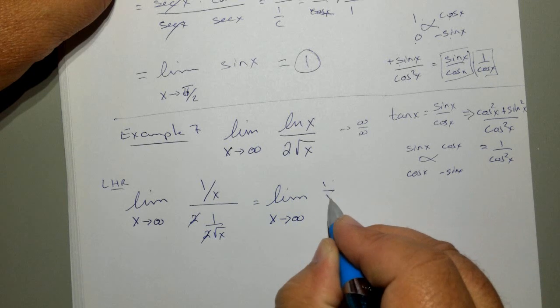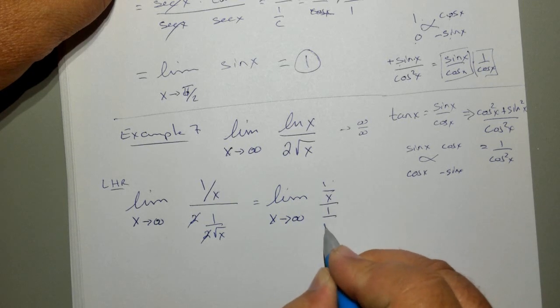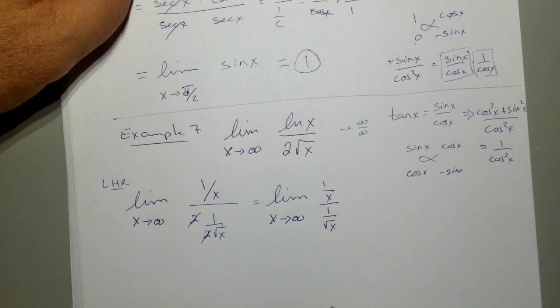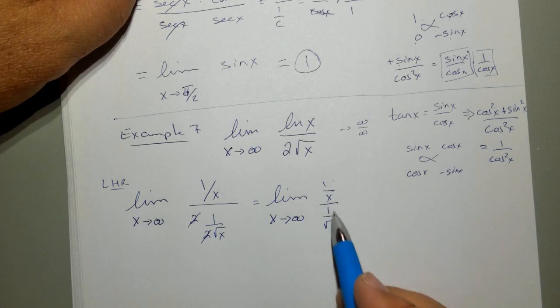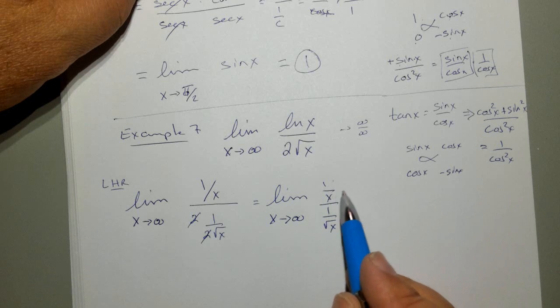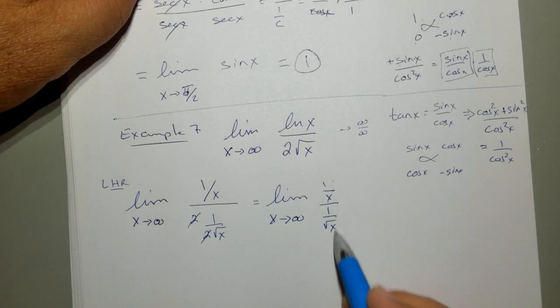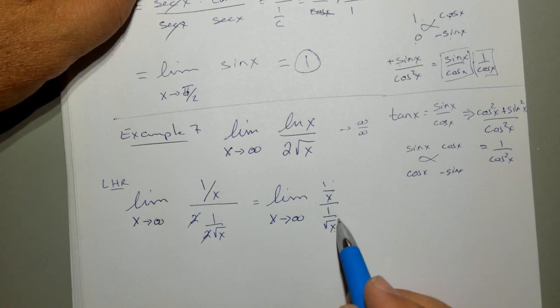We have 1 over x divided by 1 over radical x. 1 over infinity is 0, and that's 0, so we have 0 over 0 now.